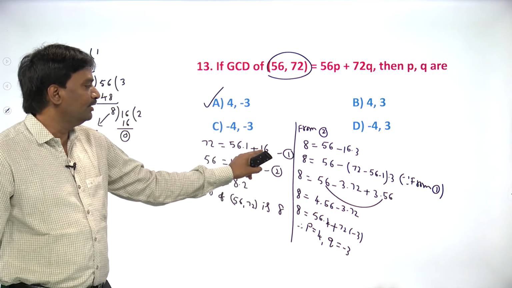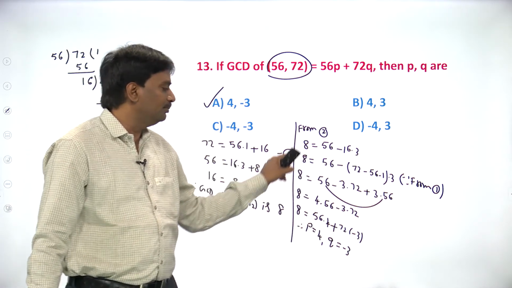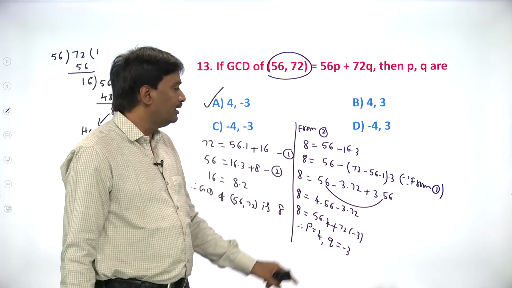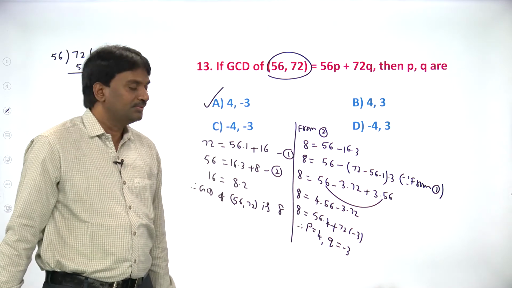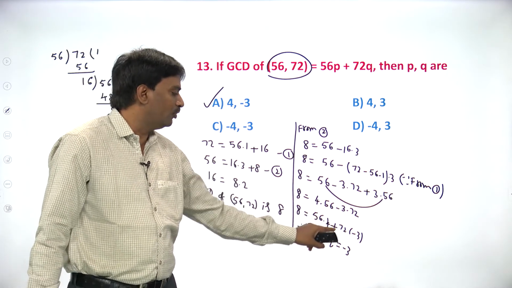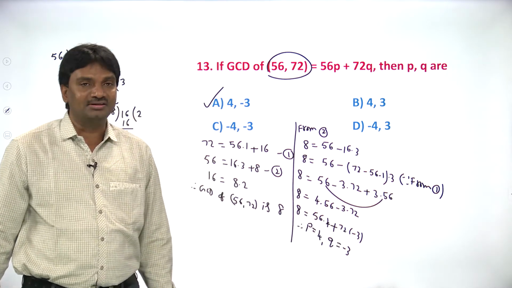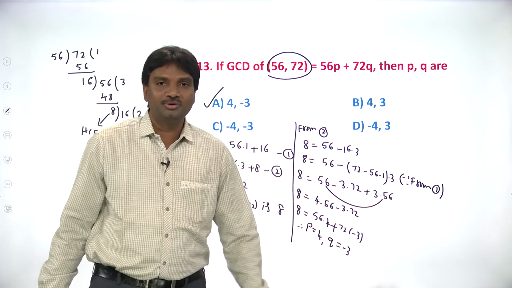Again from equation 1, in place of 16 we can write 72 minus 56 into 1. Simplify this and express the RHS in the form of 56 into P plus 72 into Q. In place of P we have 4 and in place of Q we have minus 3. So the values of P comma Q are 4 comma minus 3, that is option A.